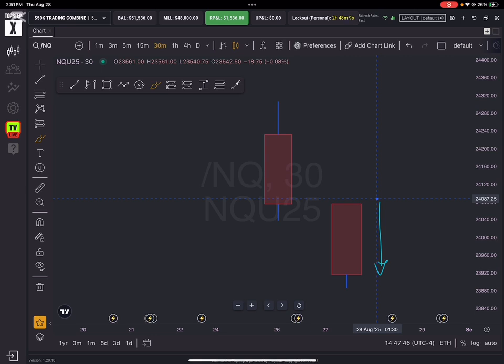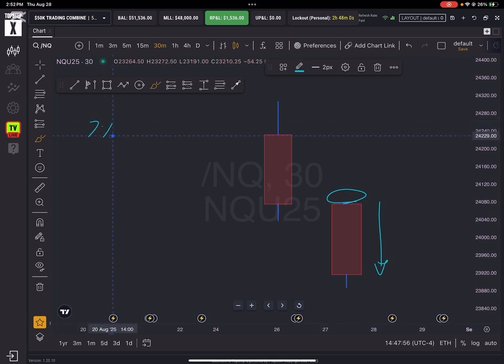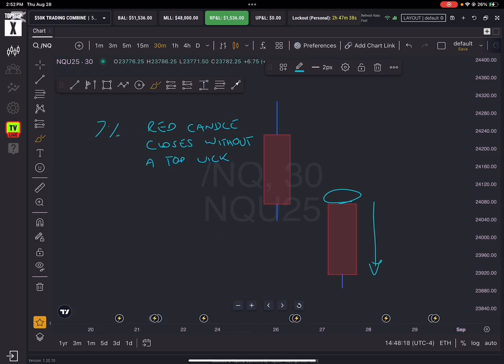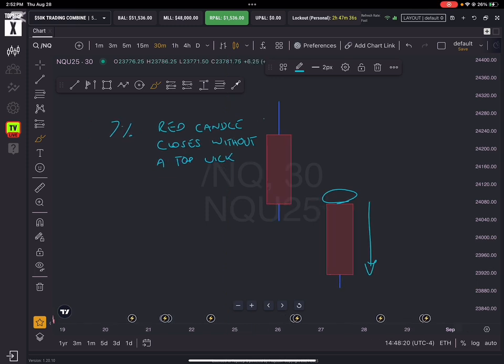There's a 7% chance that a red candle closes without a top wick. Let me write it down. There's a 7% chance, guys.